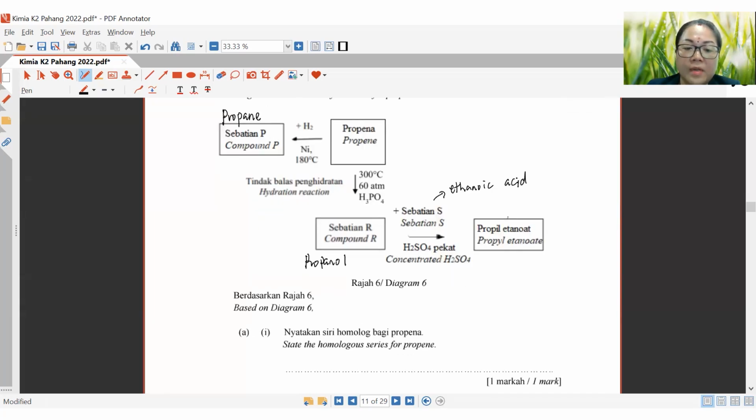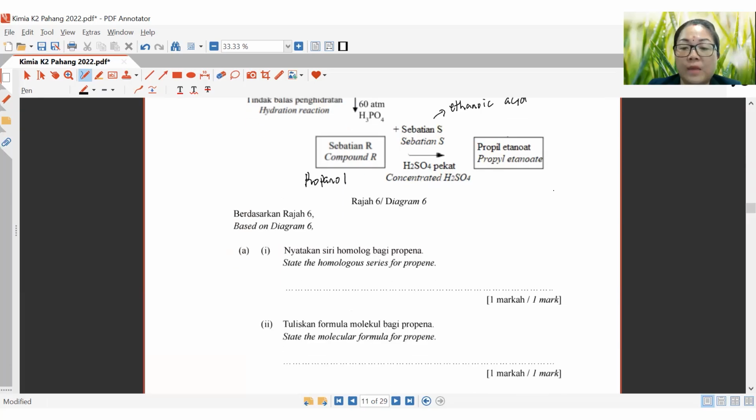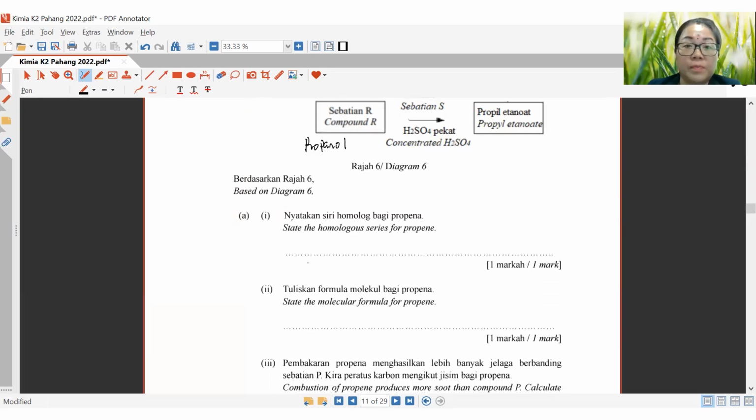All right, now let's look at the question. Based on diagram 6, A1, state the homologous series for propene. So the name is propene already, so the homologous series will be alkene. All right. Now, state the molecular formula for propene.